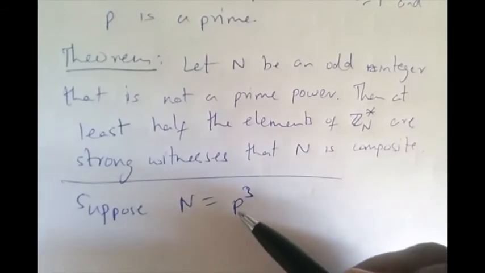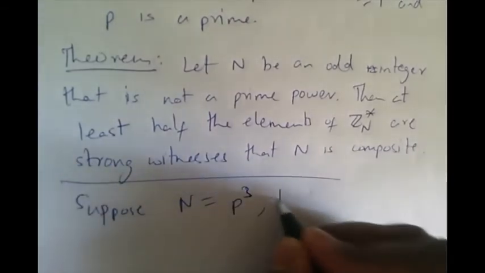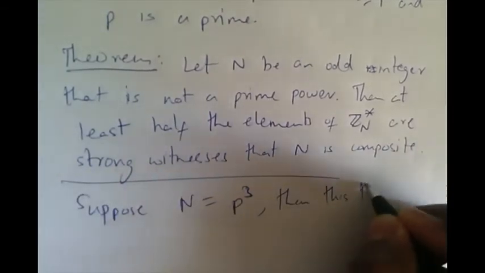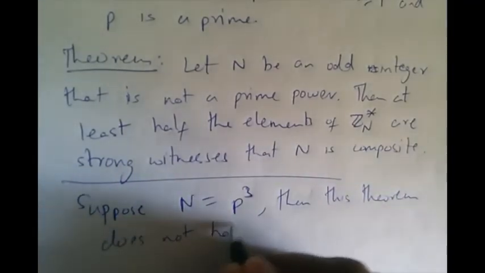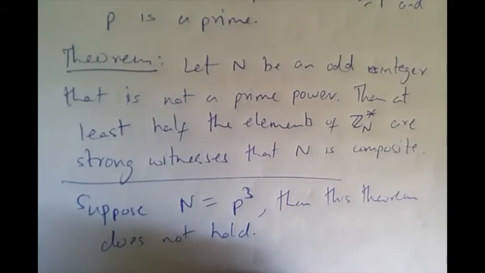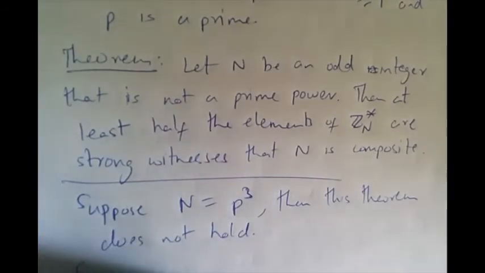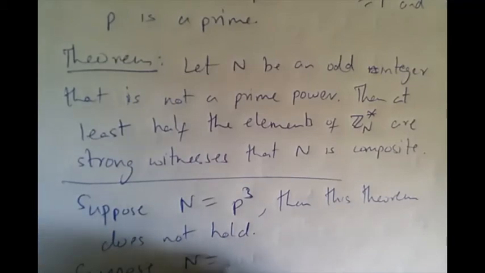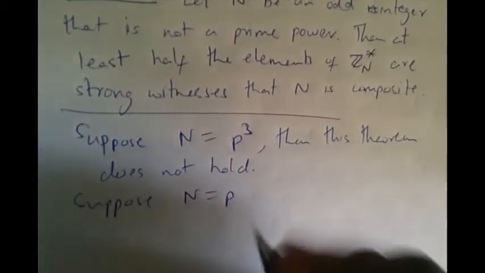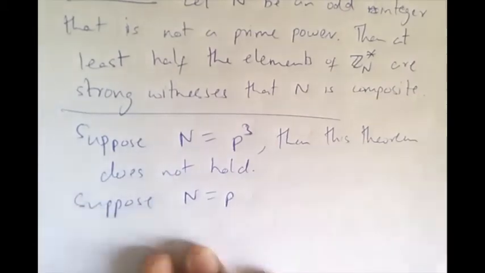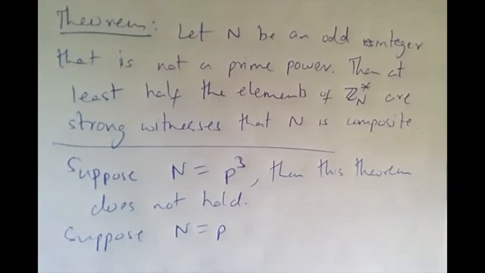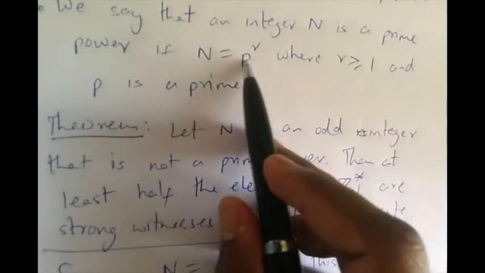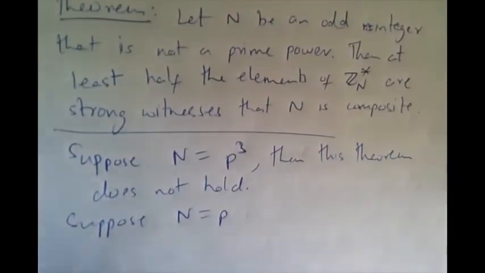So if n is equal to p cube, this theorem does not hold. And suppose n is equal to p, where p is a prime. Then again this is a prime power, because a prime power is n equal to p raised to r, where r is greater than or equal to 1. Then the theorem does not hold.